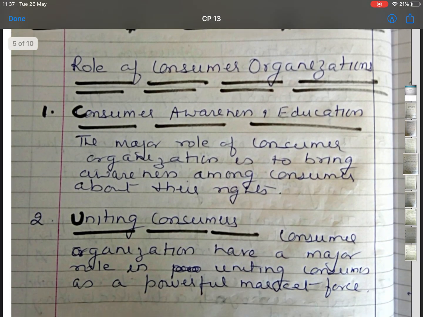The next topic is role of consumer organizations. Consumer organizations are engaged in performing various consumer welfare activities. So to play an effective role, consumer organizations need to raise their concern on safety and quality of services and goods, prices of products, fair trade practices.